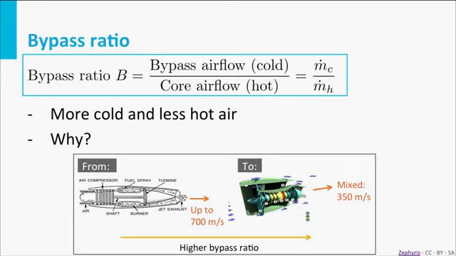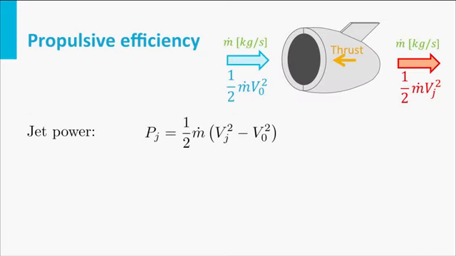Well, to understand this, we have to look again at the energy, at the power perspective. If we have a jet engine, we increase the speed of the air. So the air has a higher speed at the exhaust than at the intake. The amount of energy it has taken to increase the speed of the air, the amount of extra energy that's in the air, is simply the change of kinetic energy of the air when it enters and when it leaves the engine.